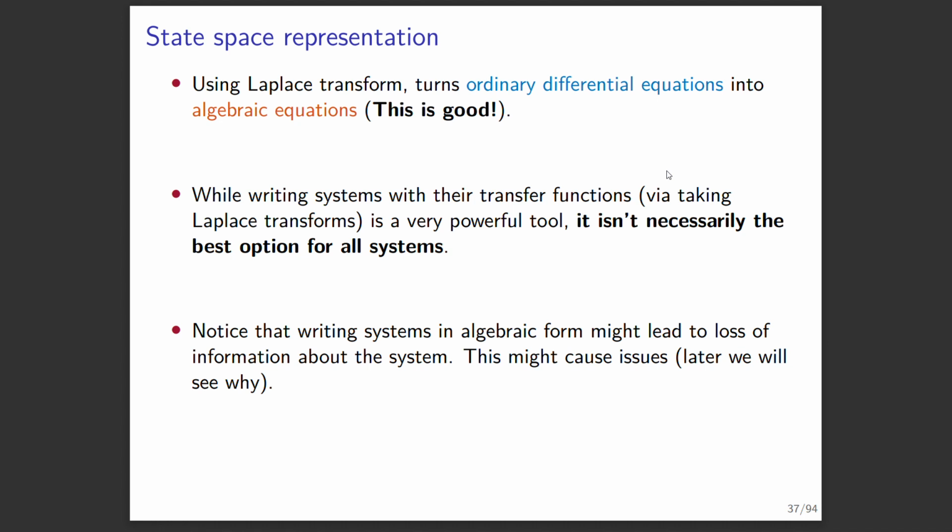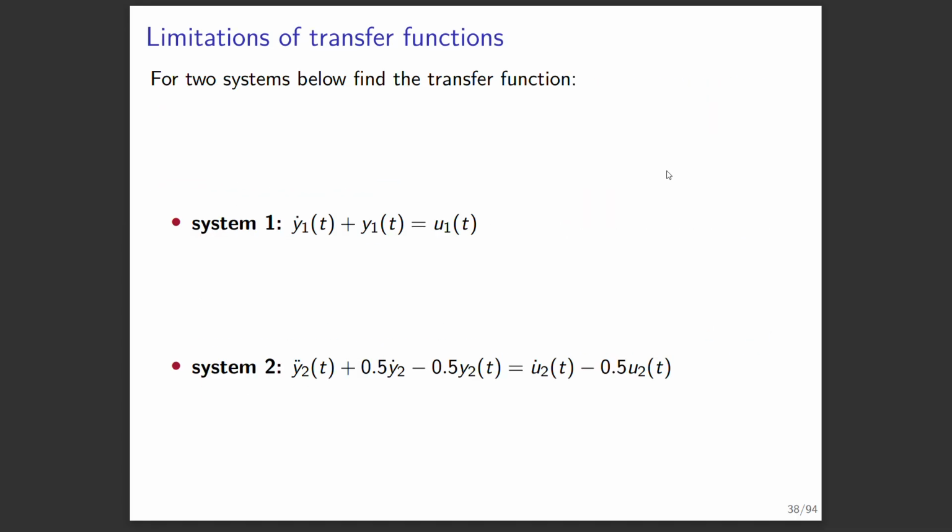But we are going to see a limitation that this method has, and therefore in the 1960s or 50s people started thinking about another way, an alternative way to model a system, which is state space representation.